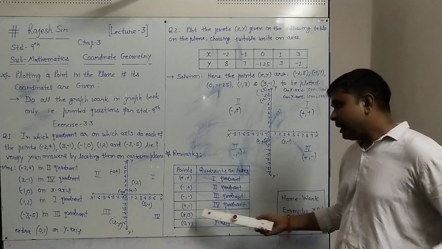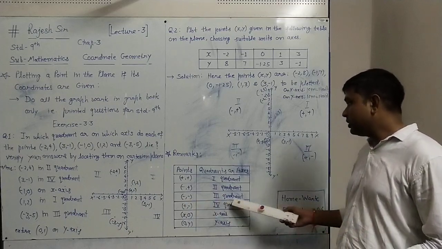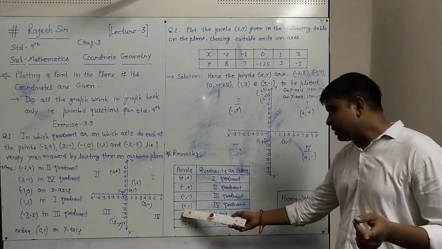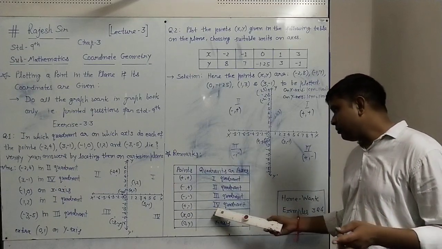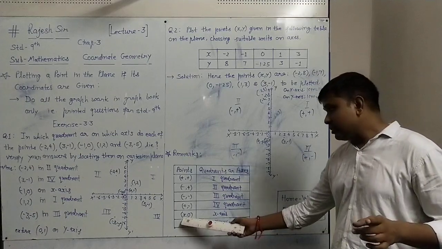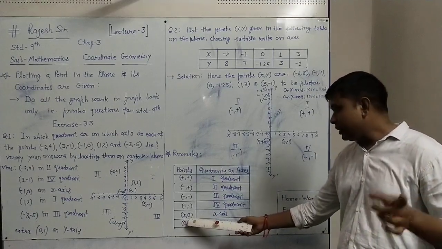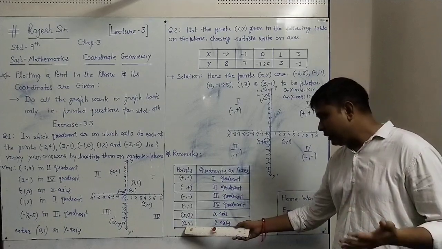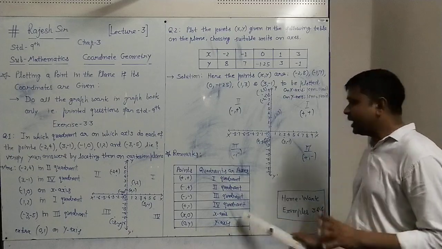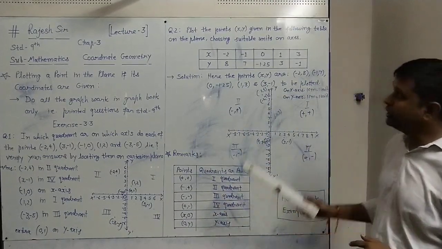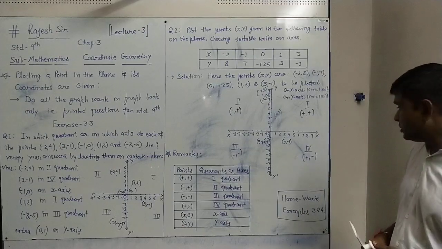If both signs are minus, it will be in the third quadrant. If the x coordinate is plus and the y coordinate is minus, it will be the fourth quadrant, plus minus, fourth quadrant. If the x coordinate is non-zero and the y coordinate is 0, it will be on the x axis. And if the x coordinate is 0 and the y coordinate is non-zero, it will be on the y axis. These points should be noted and understood in the graph, always remember.